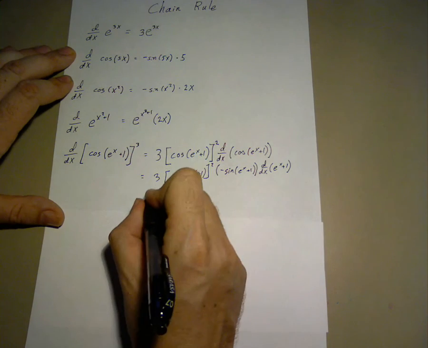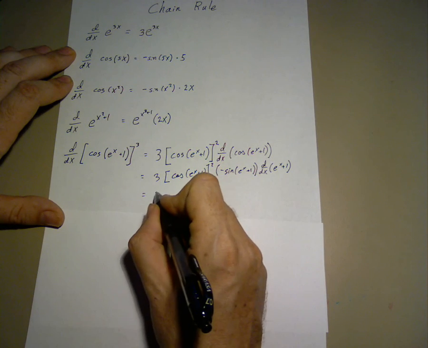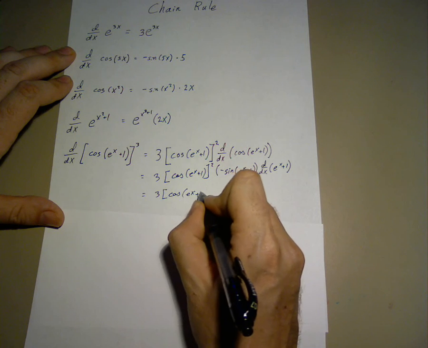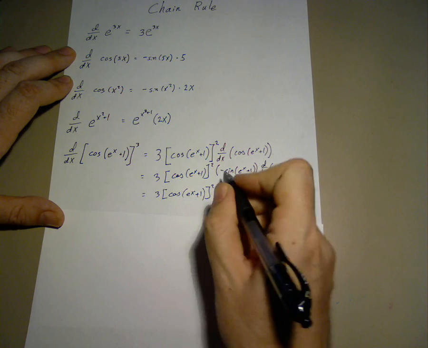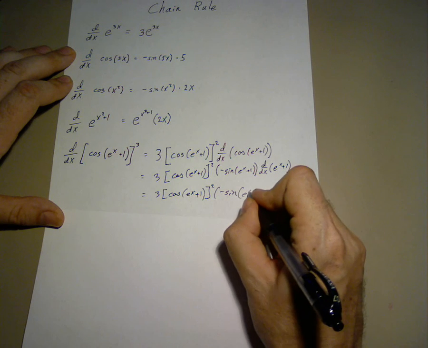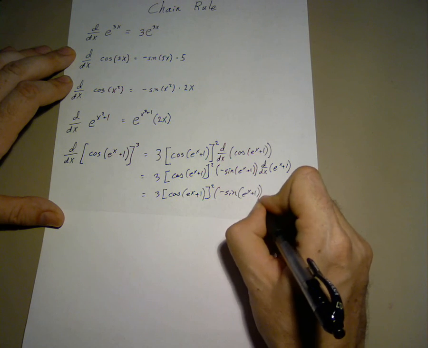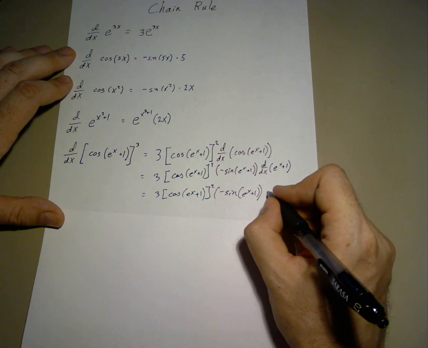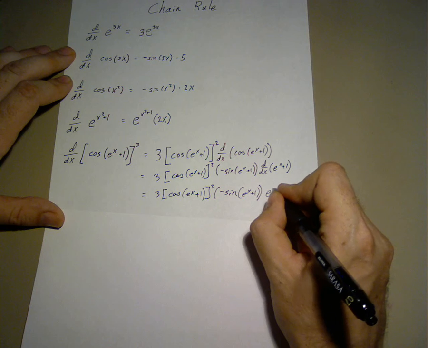Repeating this, we get 3 cosine squared. The derivative of e to the x plus 1 is simply e to the x.